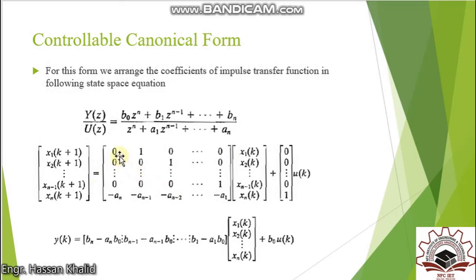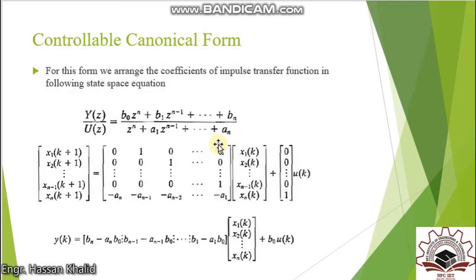and keep in mind, if I take the transpose of this whole matrix, what will happen? The row 0 1 0 up to 0, if it is the first row, it will be transformed into the first column. Similarly the second row, if I take the transpose of it, it will be converted into the second column, and the last row will appear in the last column.